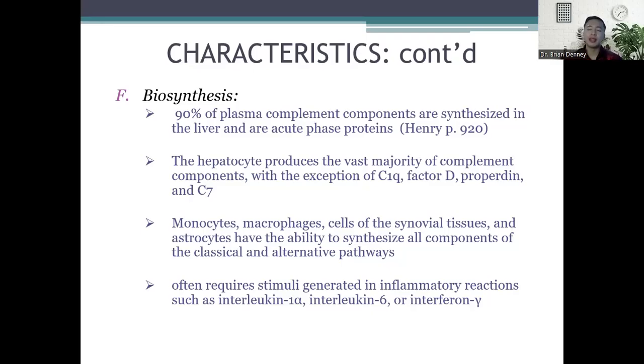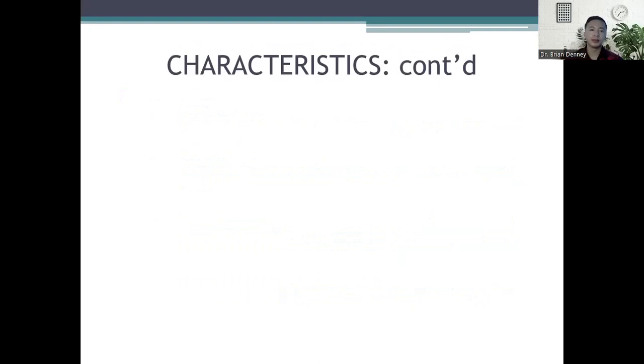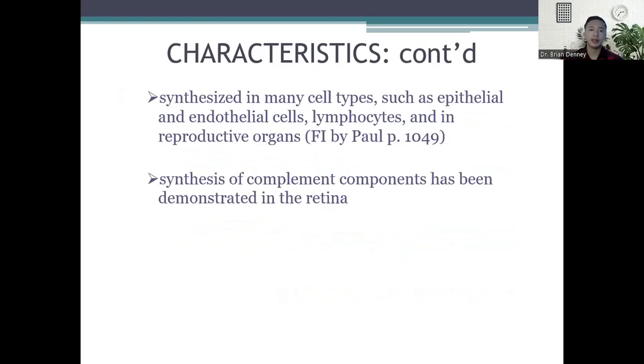Properdin and C7 are produced in your monocytes and macrophages. Monocytes, macrophages, and astrocytes, as I've mentioned already, also have the ability to produce complement proteins.